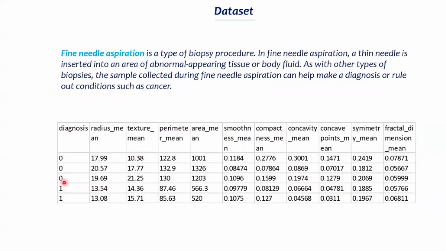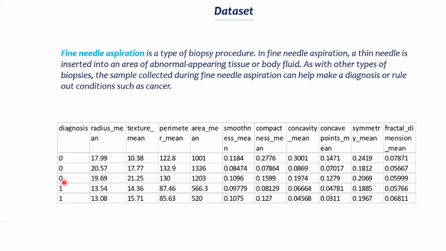This data set is derived from a test called fine needle aspiration. This is an example of a biopsy test, where if a person is suspected to have some tumor, they try to get some mass from that particular tumor and do some test on it.